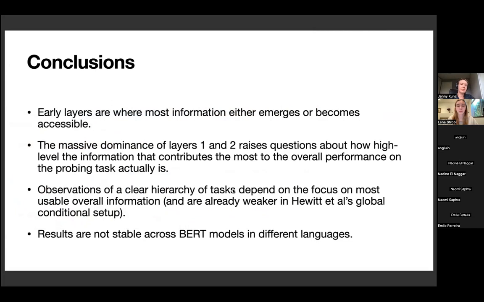But what conclusions did we draw from this paper? It's the early layers where most information either emerges or becomes accessible. And we have a massive dominance of the first two contextualized layers that raises questions about how high level or low level the information is that contributes the most to the overall performance.